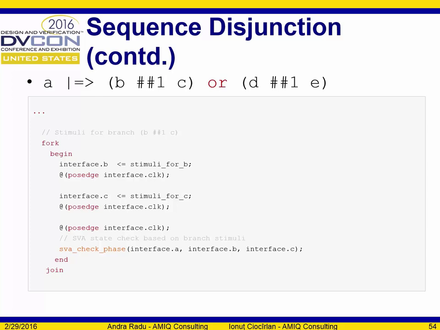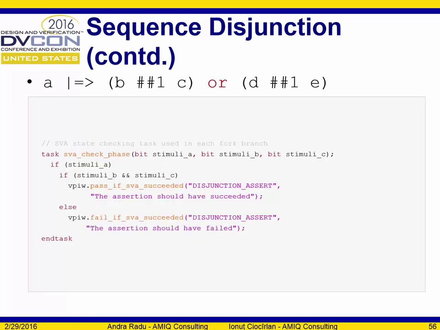The idea is that we could use the same check phase since we have the same scenario on both threads. So it would mean like this. We have the stimuli for A, stimuli for B and C, stimuli for D and E, each done in its own thread. So this is one thread for A, B, and C, and this is another thread for A, D, and E. But the check phase is common, so we just have a decision tree here based on what we've given as argument.